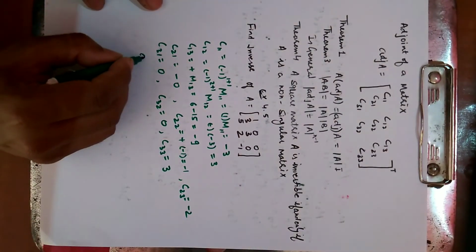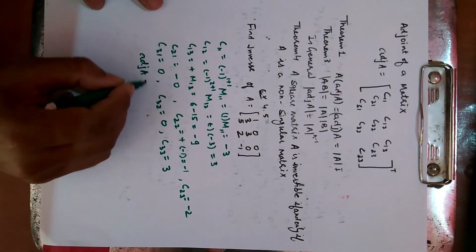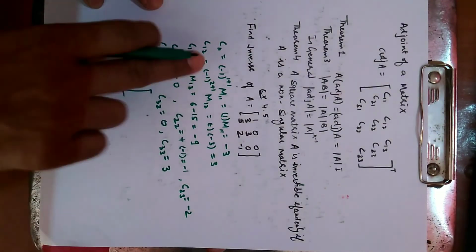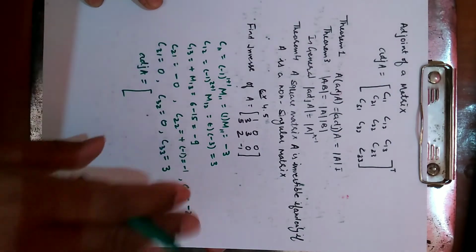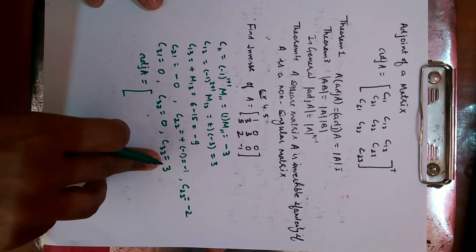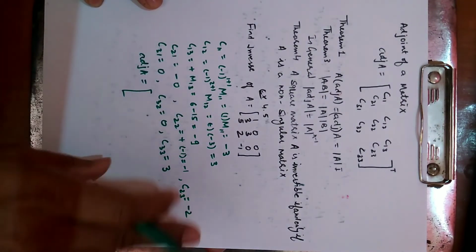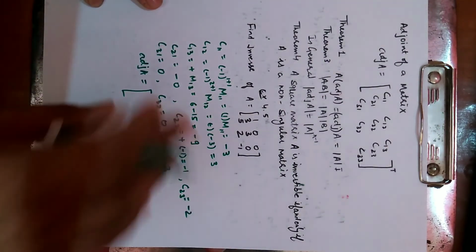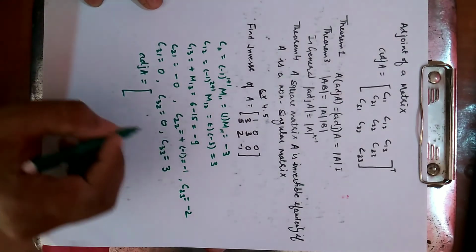Now we'll write adjoint of A. Always write the cofactors in some order so that you can directly put them into the matrix. It will be easy if you put them into the matrix in that order, otherwise you might get confused about which value to place where. So do it in an order.